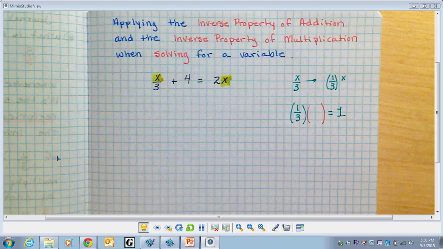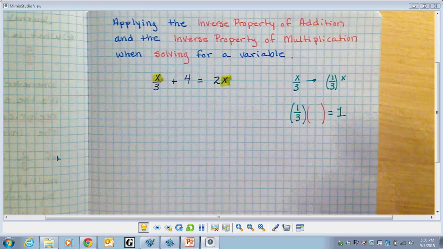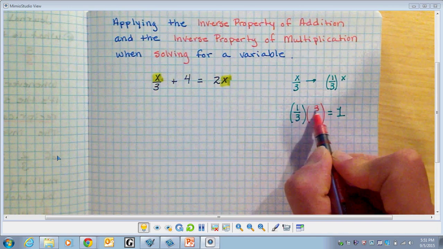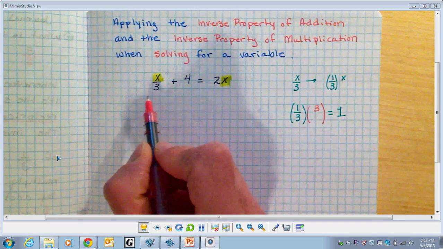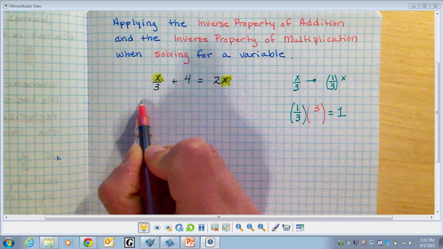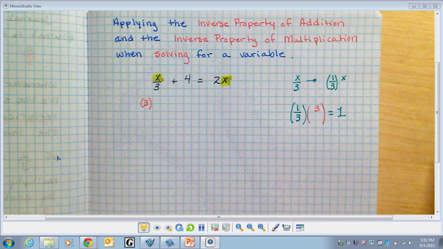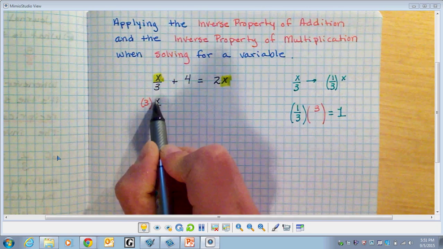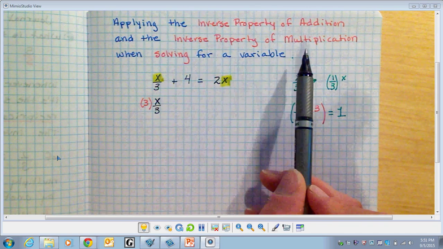So I would use the inverse property of multiplication, which means the inverse of 1/3 is 3, or 3 over 1. Either way, it's the same. So I'm going to multiply a 3 to my x over 3, but with multiplication, it's like baking a cake.